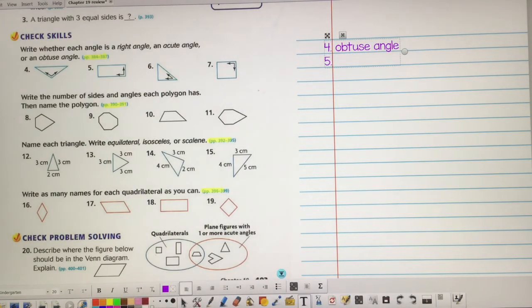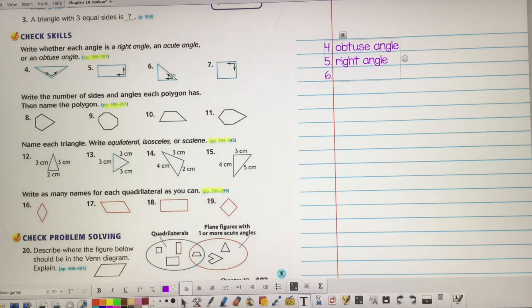Then I'm going on to number 5. Ooh, number 5, that looks like a rectangle. And that looks like it's a perfect corner there. And if it's a perfect corner, that means it is a right angle. Number 6. So 4, I had a large. 5, I had a perfect.